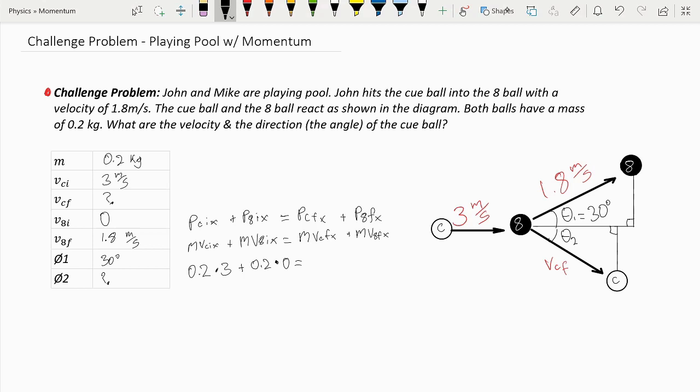This is equal to 0.2, the mass, multiplied by the final velocity in the x direction of the cue ball. This would be the velocity finally of the cue ball multiplied by cosine theta 2, because the x direction part is only this part, it's not the black line, so we just take the cosine of theta 2 multiplied by VCF.